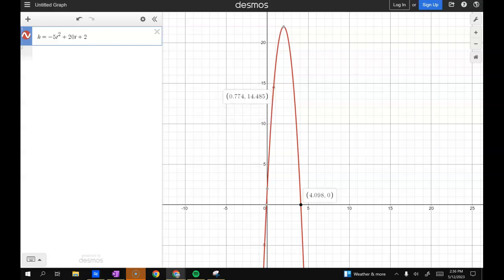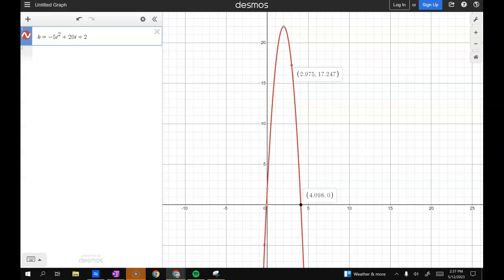So if you get your first number to equal exactly 3, so you scroll until it's 3.0, we get 17. So that means after 3 seconds, it is 17 meters in the air, or meters high.